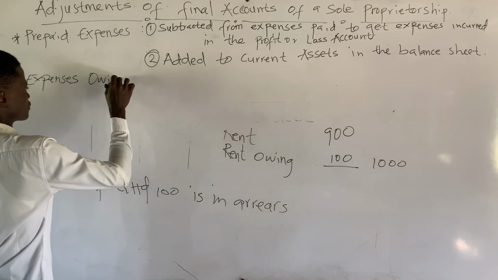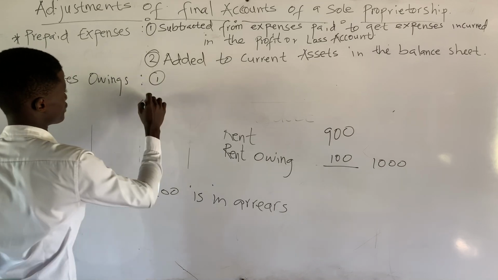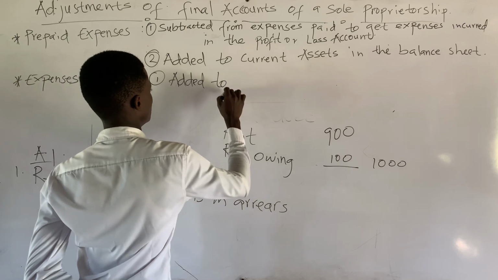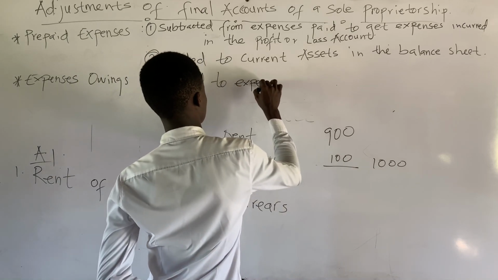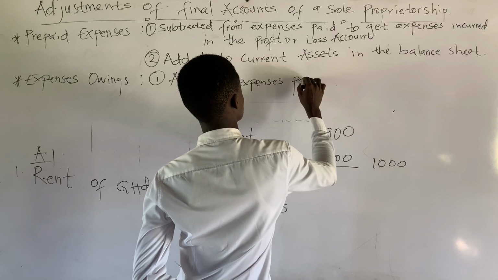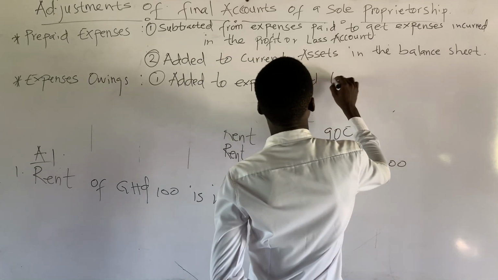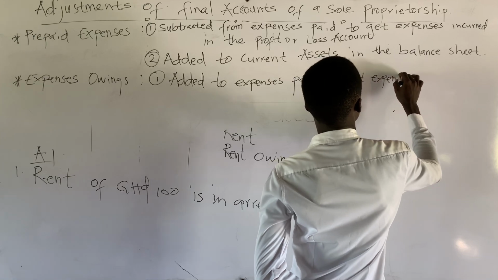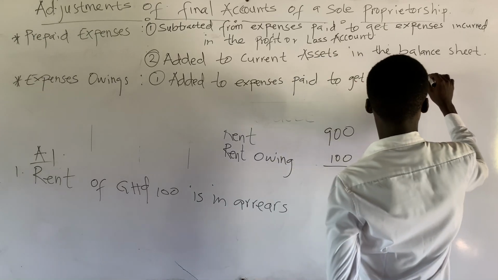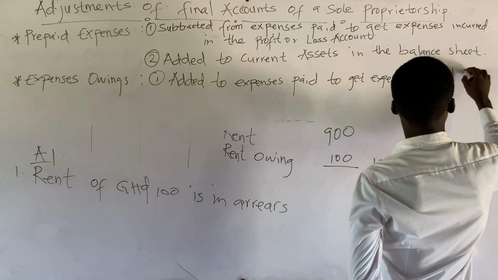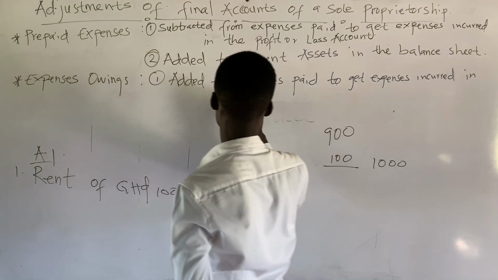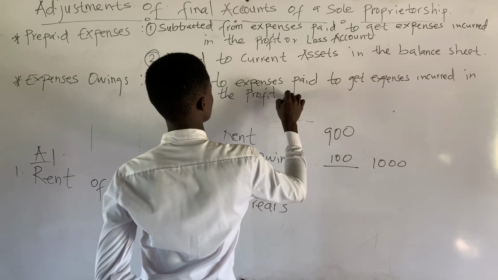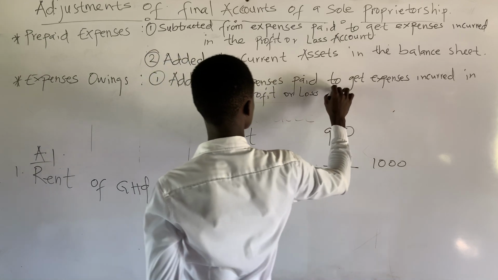Expenses owings will first be added to expenses paid to get expenses incurred in the profit or loss account.